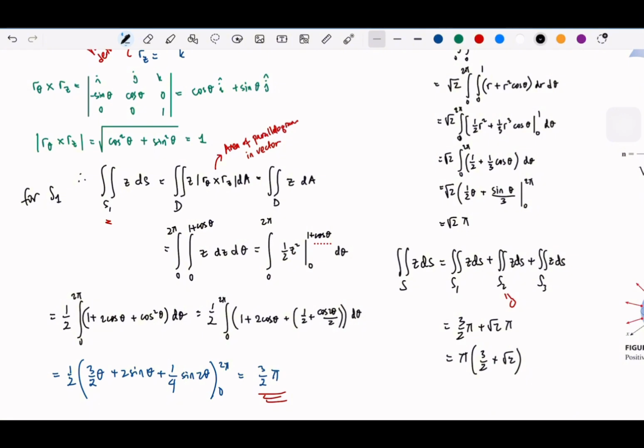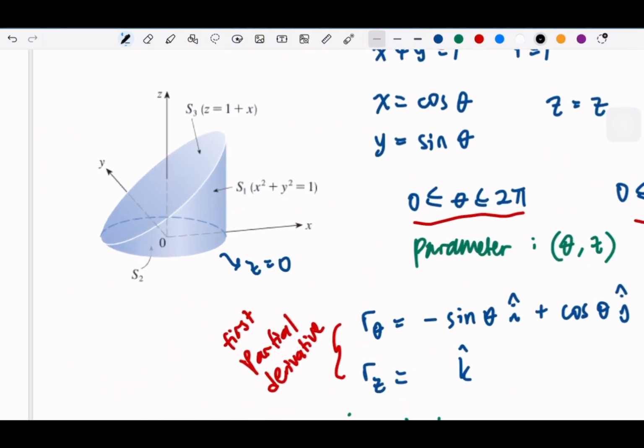I think from this example, you could take some key points that you can also use as requirements or conditions. Just look at this surface.